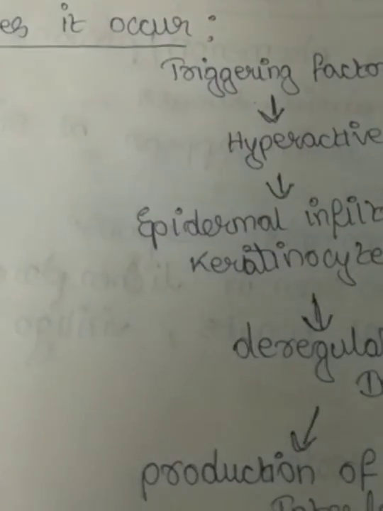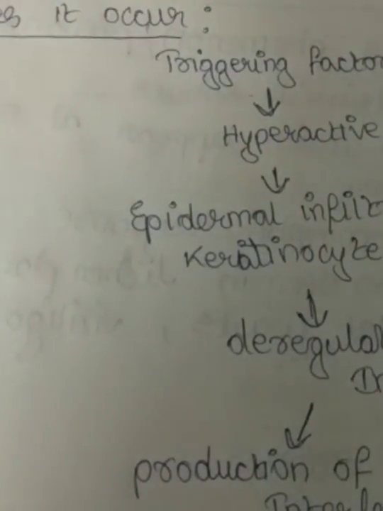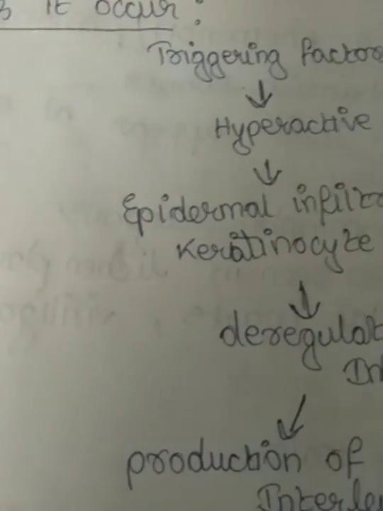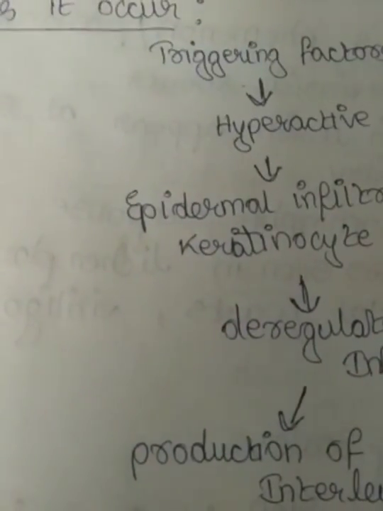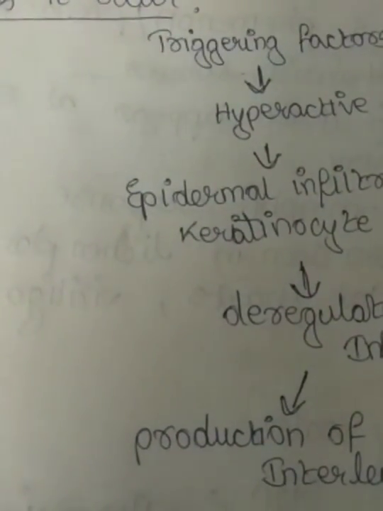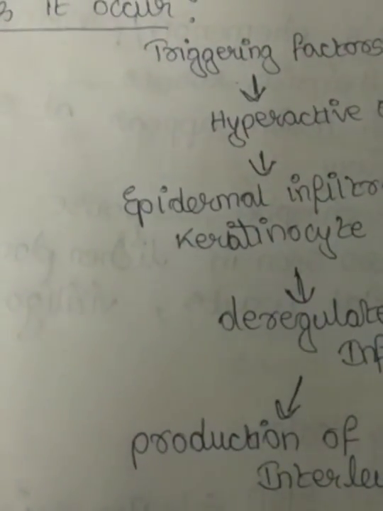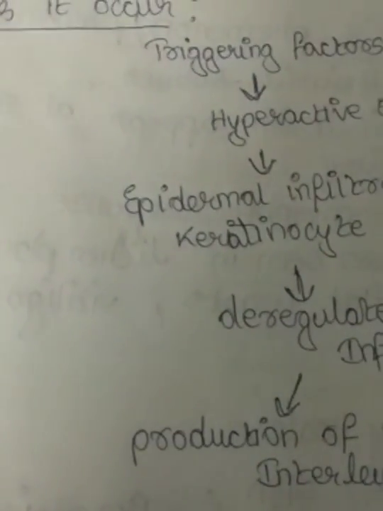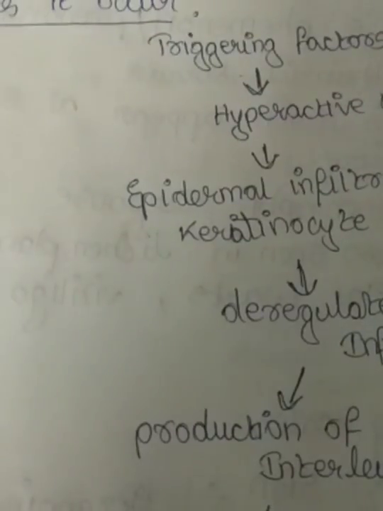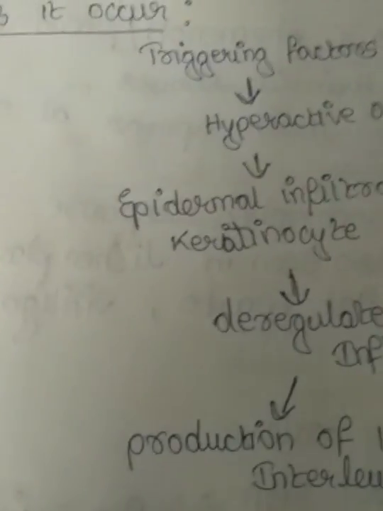Due to T cell activation, there is infiltration of the epidermal layer as well as keratinocyte proliferation, due to which the inflammatory process occurs. Then interferons and interleukins are released, and those cytokines produce irritation and dilatation of superficial vessels.